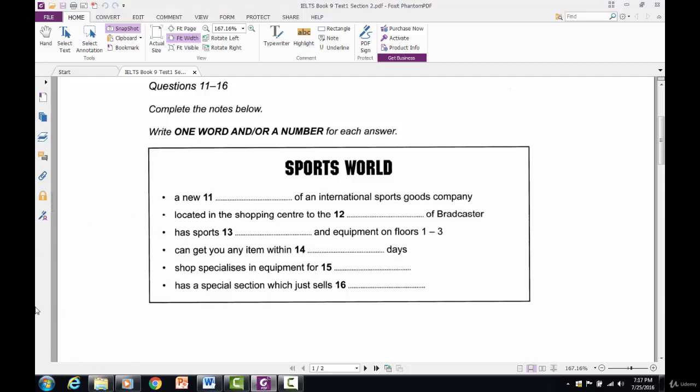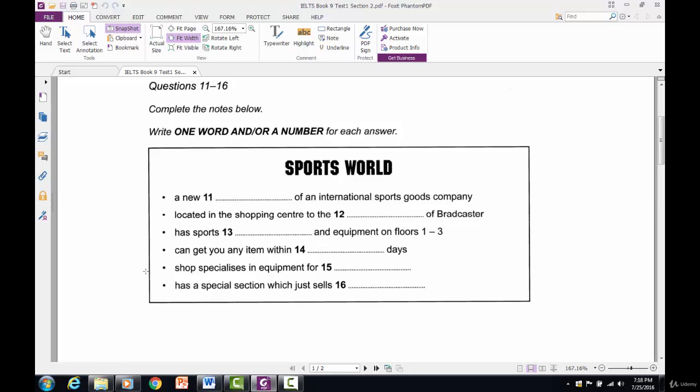Like for number 11, you will circle a new. Whatever number 11 is, it's going to connect to a new. Number 12 says, located in the shopping center to the blank of Bradcaster. Because we have the preposition of here, whatever number 12 is connected to of Bradcaster.